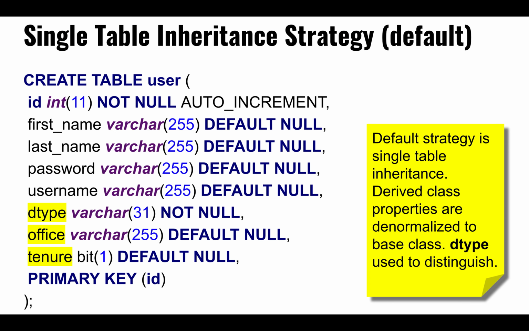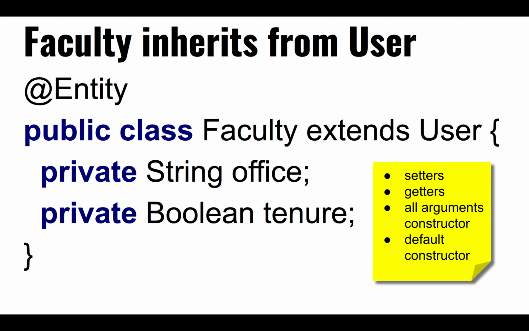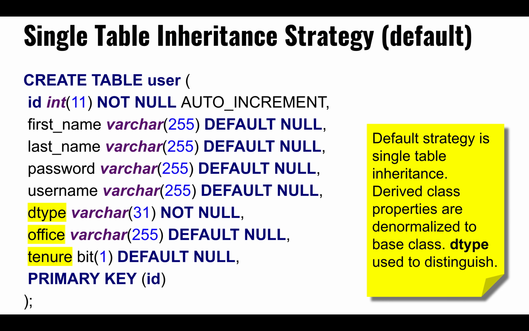So, for instance, if we create a user and then faculty inherits from user, the default implementation is to use what is called the single table inheritance strategy, right? Also sometimes referred to as the denormalized strategy.